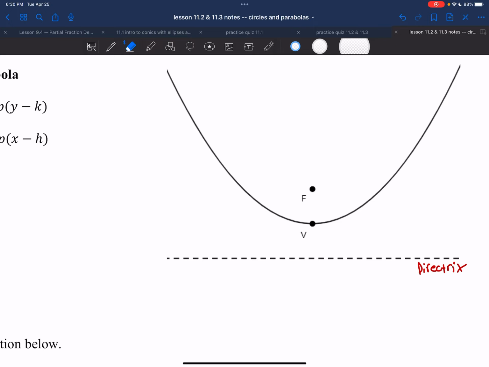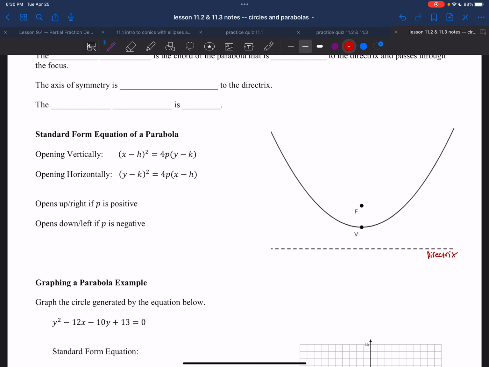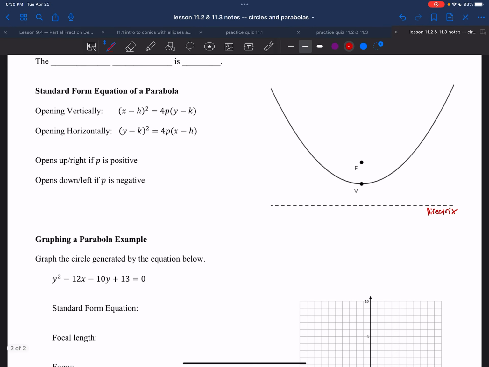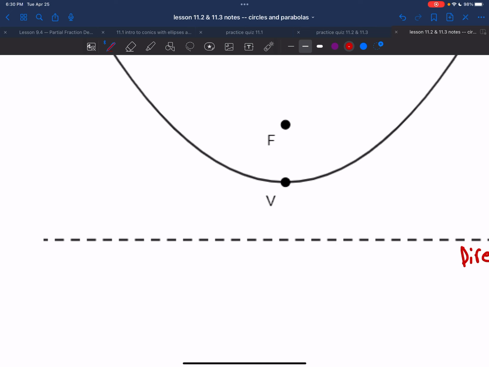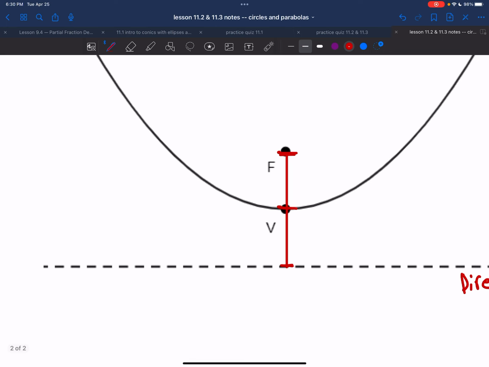Now, the vertex is probably the easiest one to see here. If I draw a line straight from the focus to the directrix, the vertex is just halfway in between. Now, this distance from the vertex to the focus is called the focal length, denoted by p.